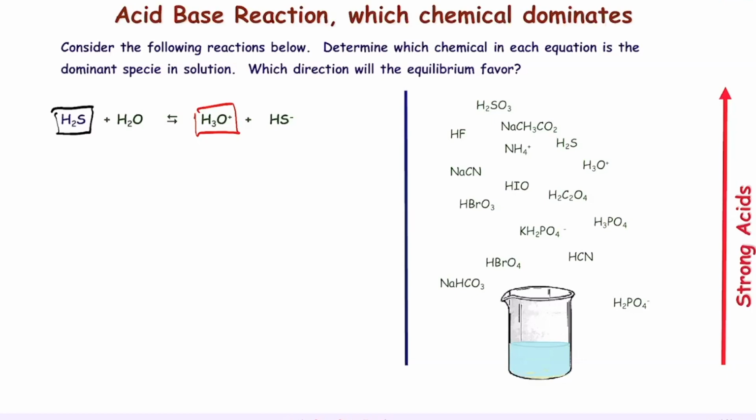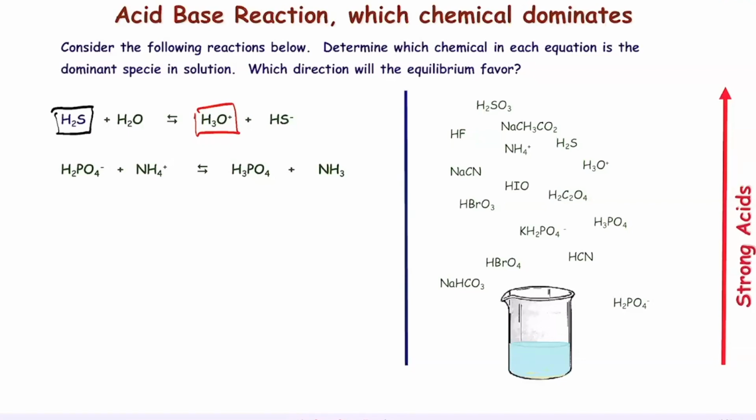So what you can do is also look up the Ka for H2S and the Ka for hydronium, and whichever is bigger is going to be the stronger acid. Here's another example. We have this reaction, and it's your job to identify which is the acid on the left and which is the acid on the right.